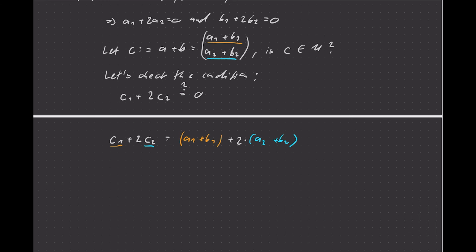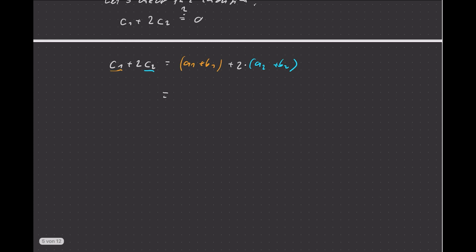And now let's rearrange that a little. Of course, what we can do is arrange all the a parts and all the b parts together. And that yields a1 plus 2a2. So those are the a parts. And b1 plus 2b2, those are the b parts.